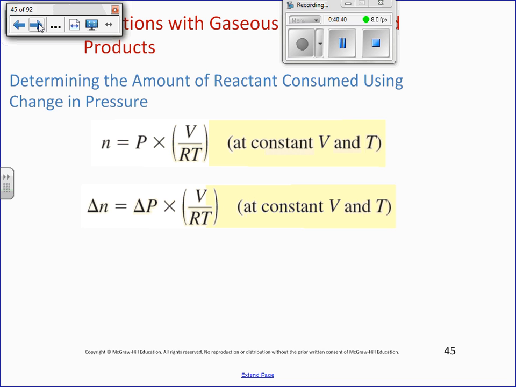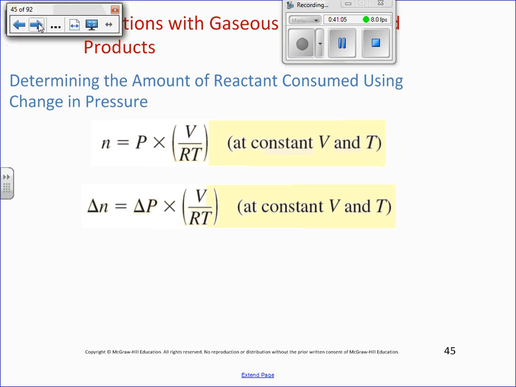So if the change in the number of moles goes down, what's going to happen to the pressure? Yeah, it's going to go down. Again, if the number of moles goes up, the pressure is going to go up.